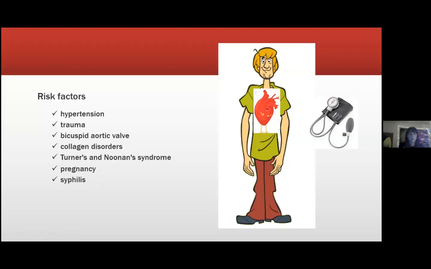Yeah, we might find a difference in the systolic blood pressure between his two arms. And when we take his pulse, we might find an absent pulse, so his femoral, brachial, or carotids might be weak or absent, depending on where the tear is.